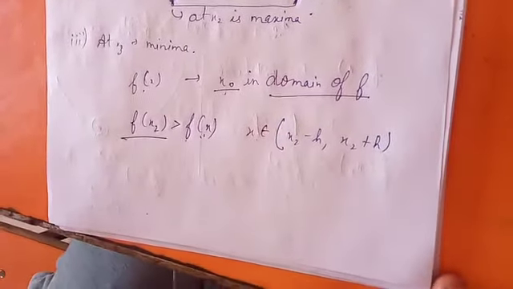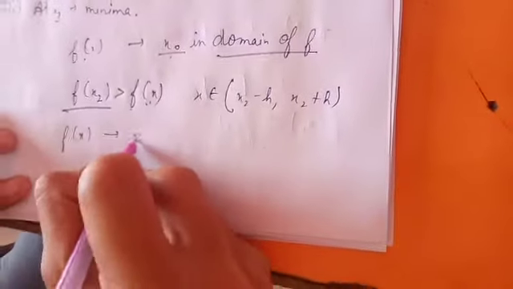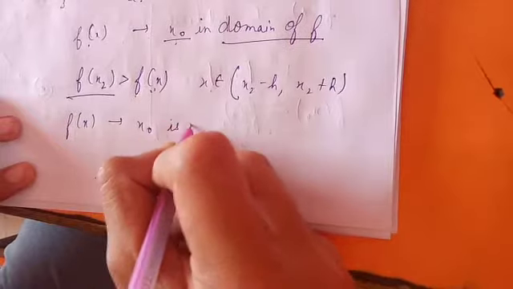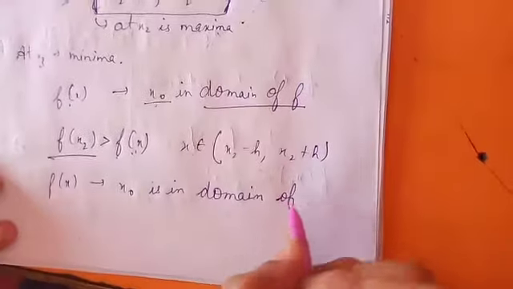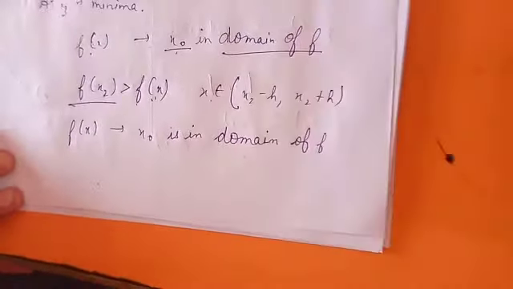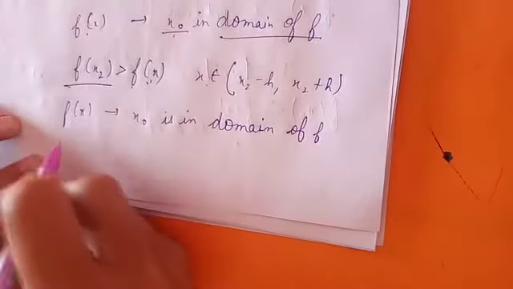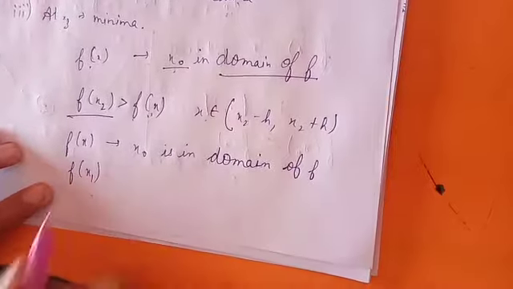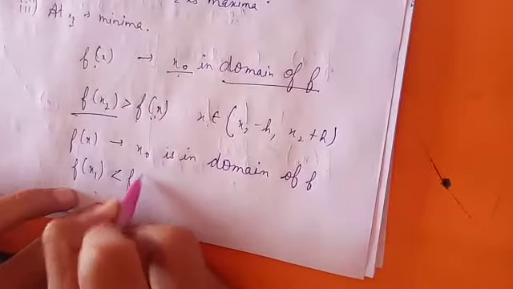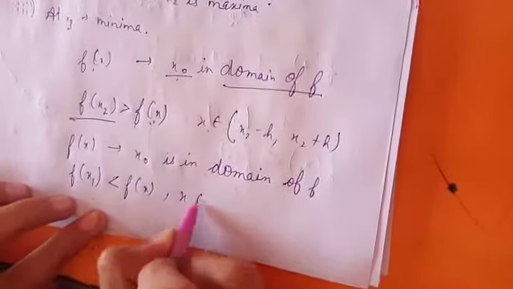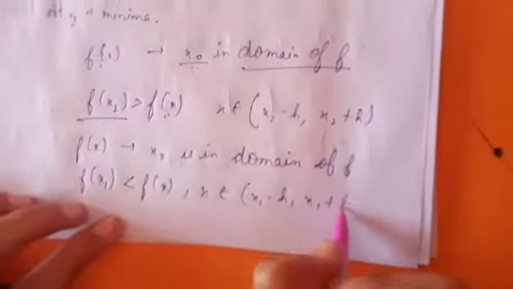Now if we talk about local minima, similarly we have a function f of x where x naught is in the domain of f, and if we talk about point P in our graph, then the value of f of x1 will obviously be less than f of x, where x belongs to x1 minus h to x1 plus h.